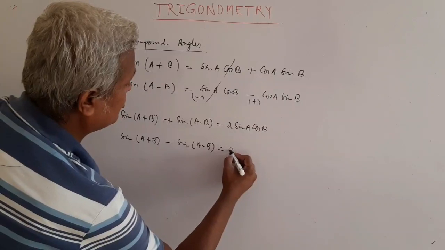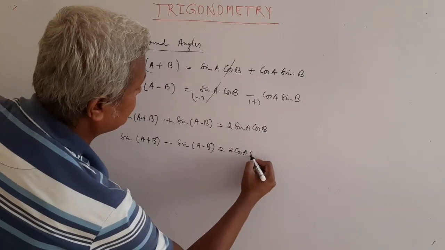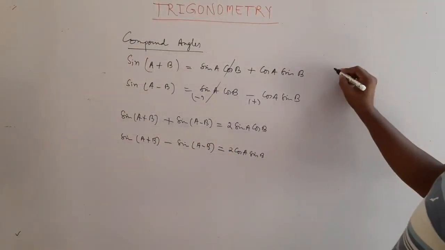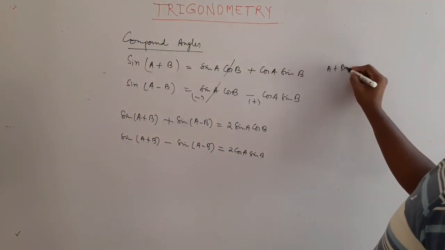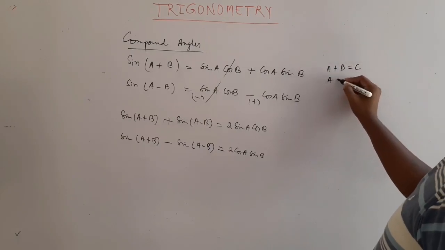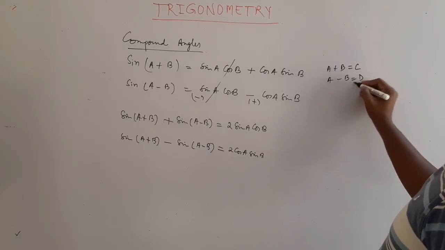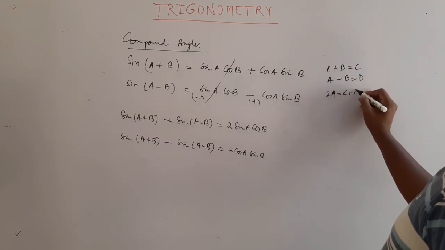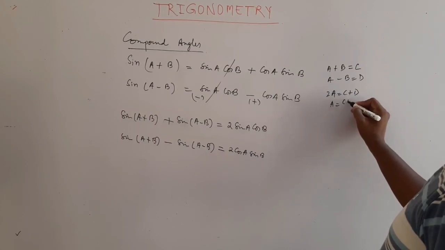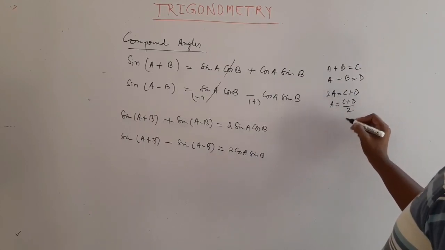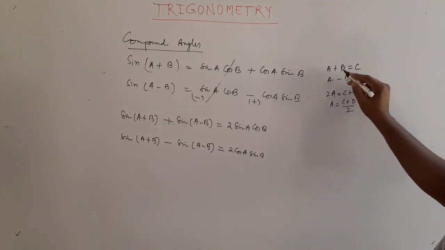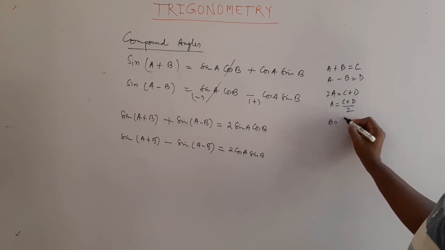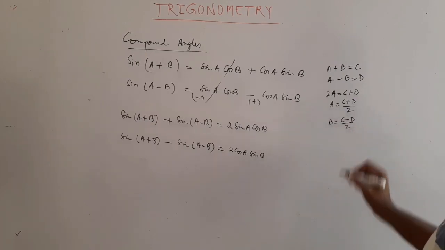So you'll get 2 cos A sin B. Now just assume that A plus B is C and A minus B is D. Then you add them, you get 2A is C plus D, that is A is C plus D by 2, and if you subtract, then A cancels, 2B is C minus D, so B is similarly C minus D over 2.